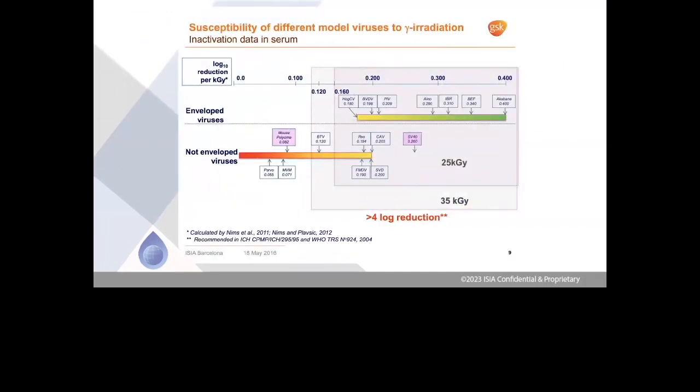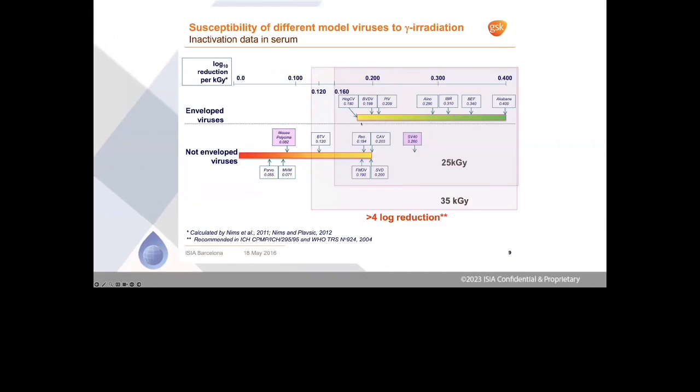This is a little graphic that I stole from GSK, and I give them credit for, of the viruses that are affected at different levels of gamma irradiation. So here we have 25 kilograys, and it's very clear that BVDV is being killed at this point. And so all of this is good.